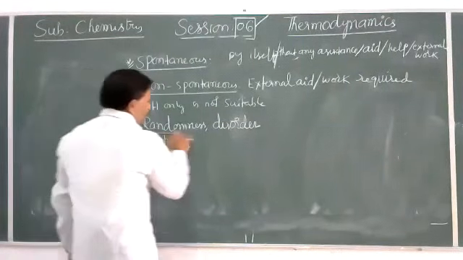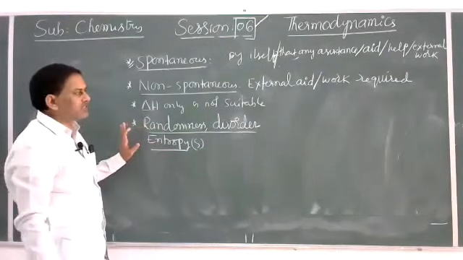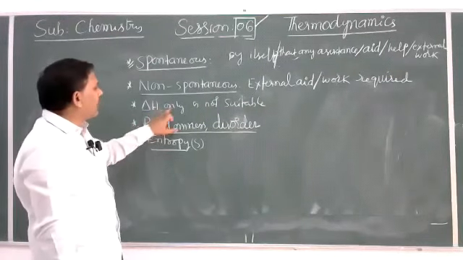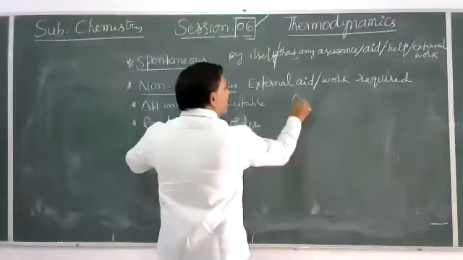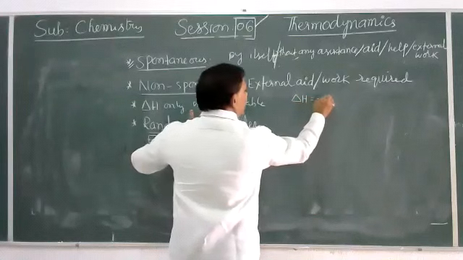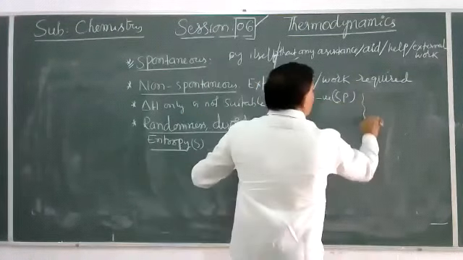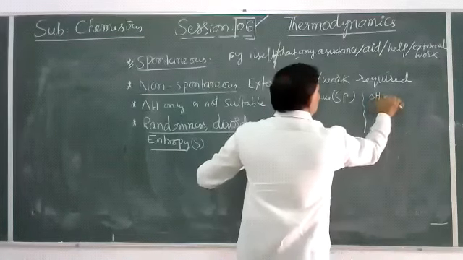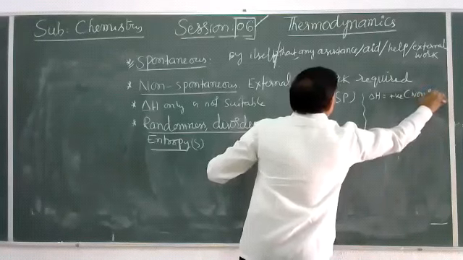Tomorrow we'll discuss this entropy; we'll finish in the next session, that is Monday. Before that, delta H only is not suitable. For the final conclusion, delta H negative is spontaneous and delta H positive is non-spontaneous.